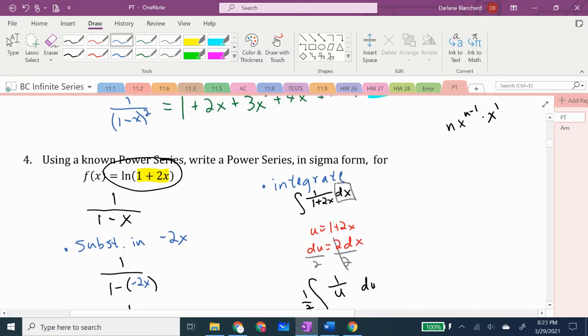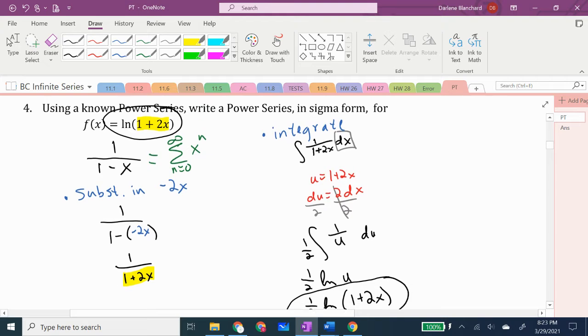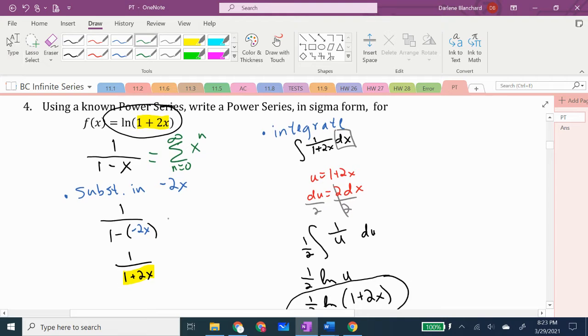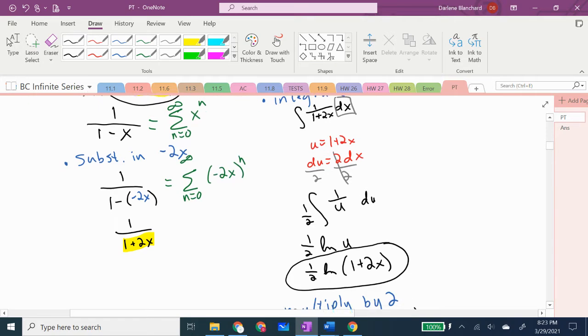And using a known power series, write a power series in sigma form. So, sigma form. This is sigma from n equals 0 to infinity of x to the n. When I substitute in the negative 2x, I want to simplify before I integrate.